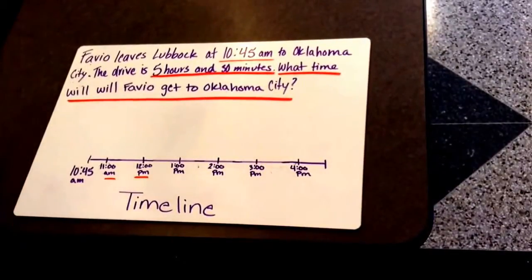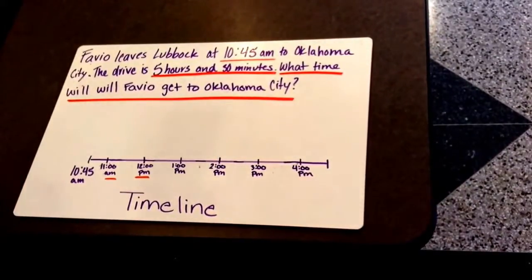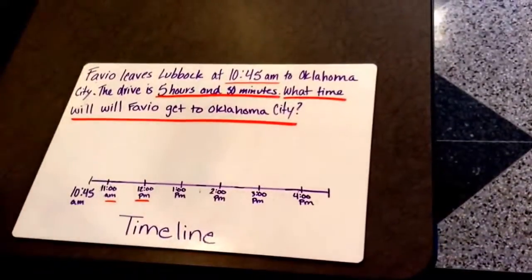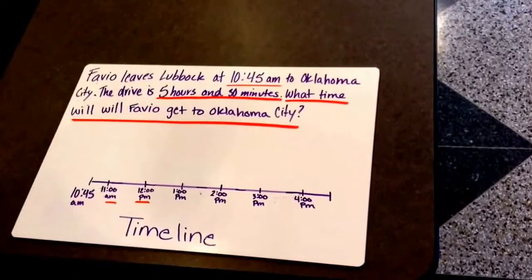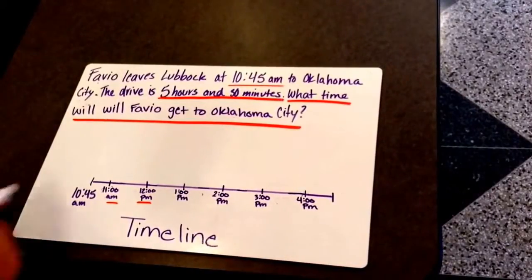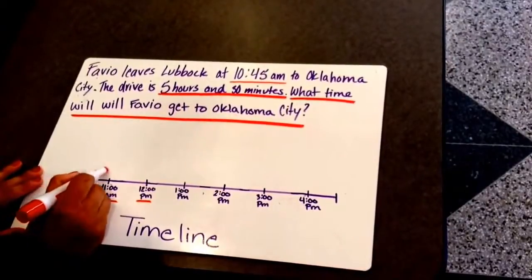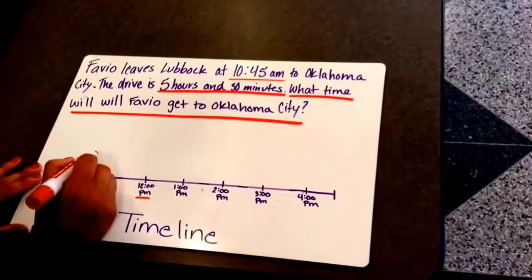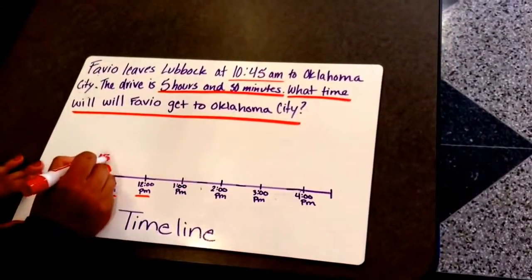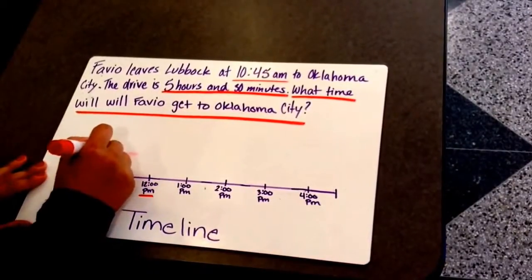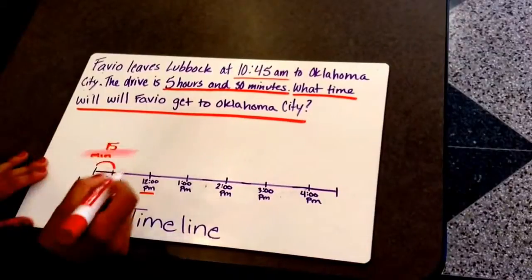Okay, so now we got to figure out what time Fabio will get to Oklahoma City if the drive is 5 hours and 30 minutes. Okay, so we have 10:45 to 11 a.m., which is 15 minutes. So you can see the minutes. Okay.